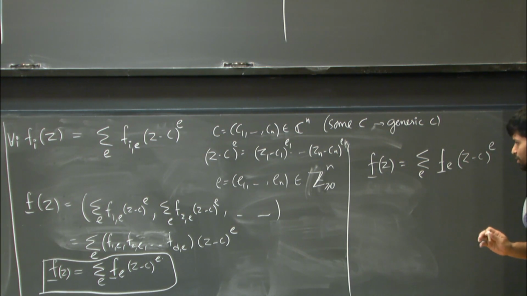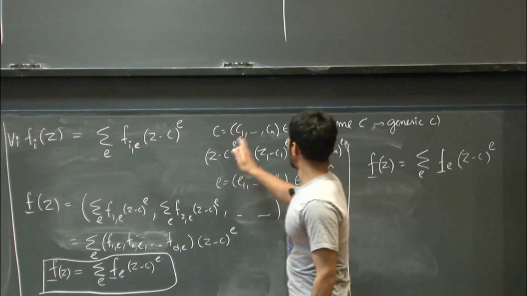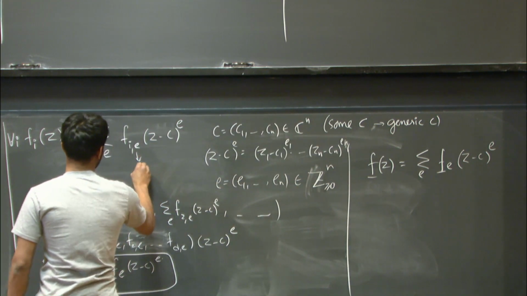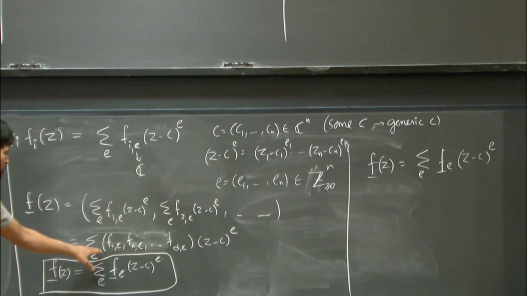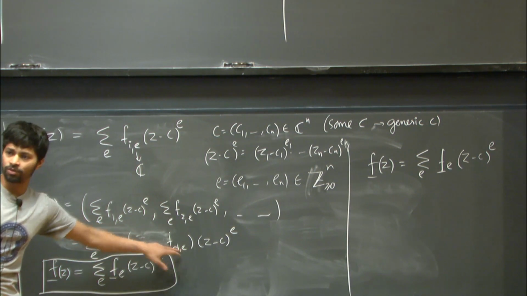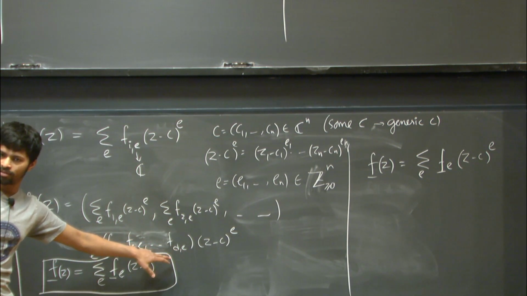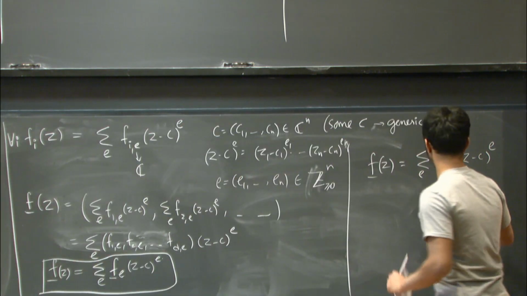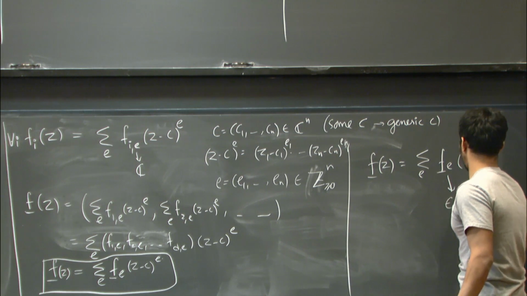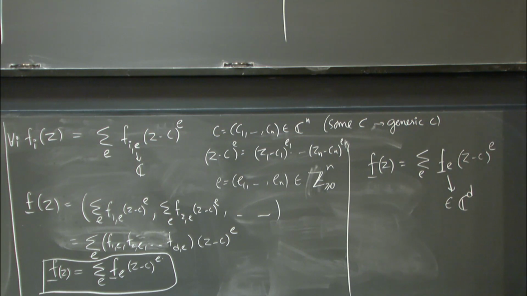Now here's one thing to point out: inside here these guys were complex numbers, correct? In the power series the coefficients are complex numbers. So this vector is a vector filled with complex numbers. Good. So then this guy is a vector with complex coefficients.